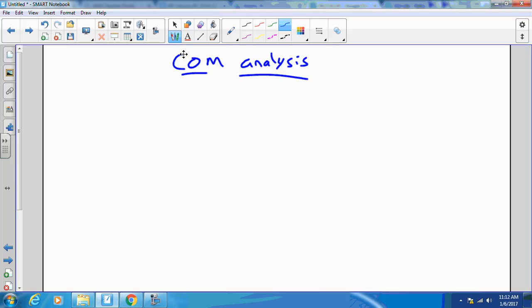What I want to convince you is that the reason that we care about computing center of mass is that we can treat a system of objects as essentially one object whose mass is all concentrated at the center.